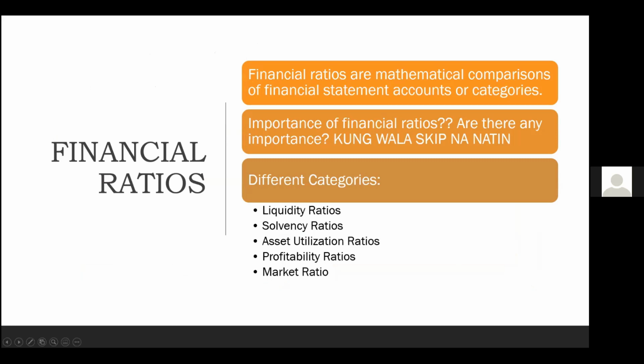Now, we have financial ratios. My students, if you are familiar with these slides, this is the same slide that I use during our classes, so that's why I have these, but that should be fine. Financial ratios are mathematical comparisons of financial statement accounts or categories.